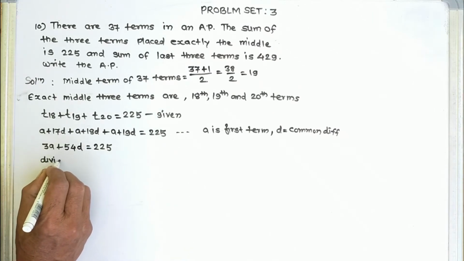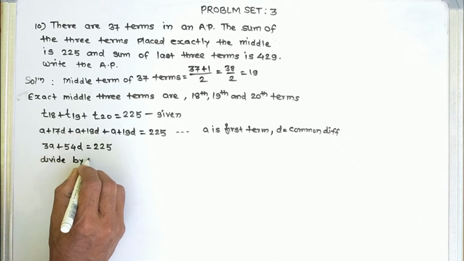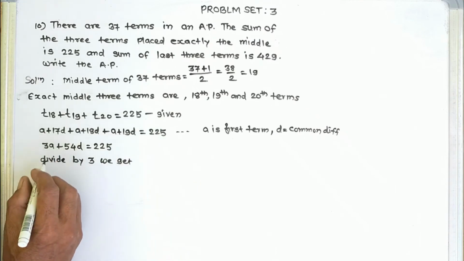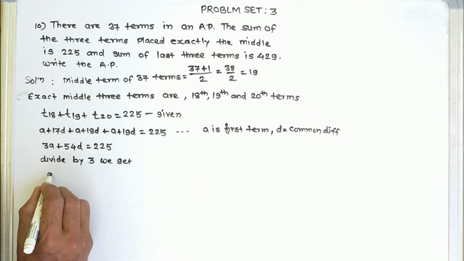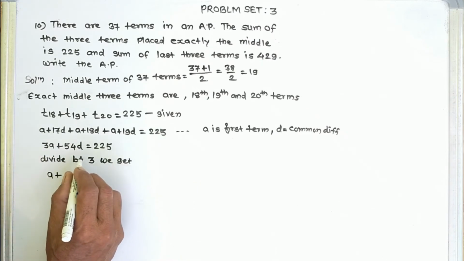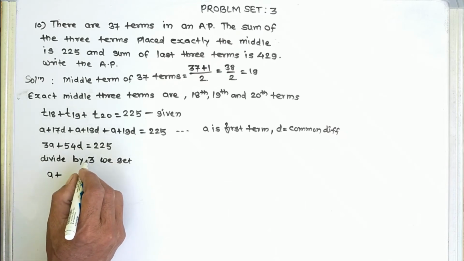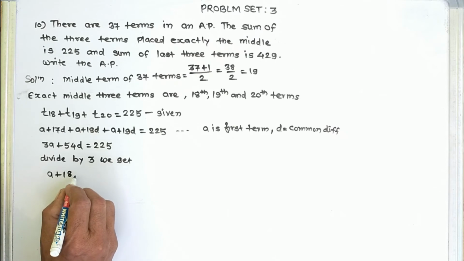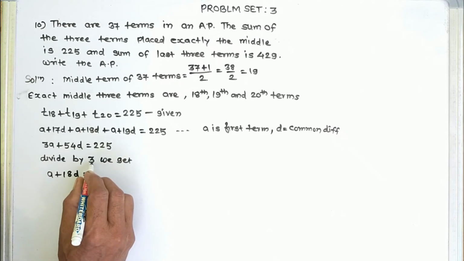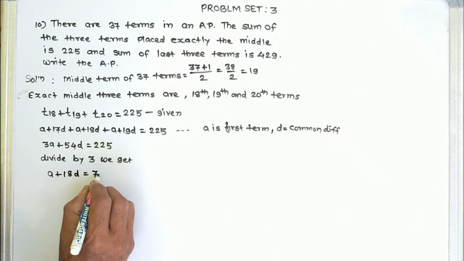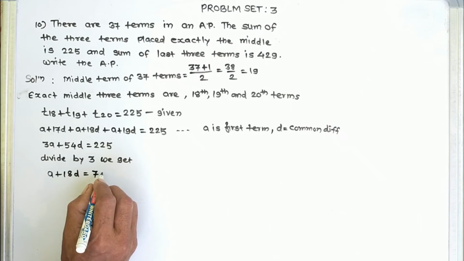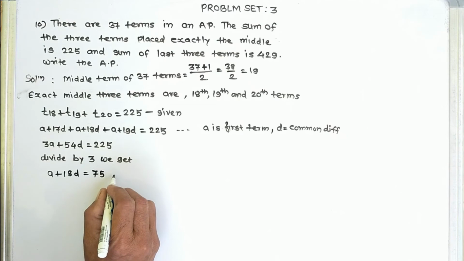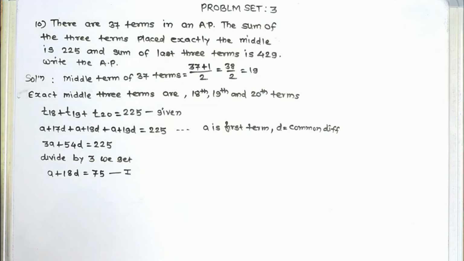Divide by 3, we get 3a upon 3, that is a, plus 54 divided by 3, this will be 18d, equal to 225 divided by 3, which is 75. So this is our equation number first.